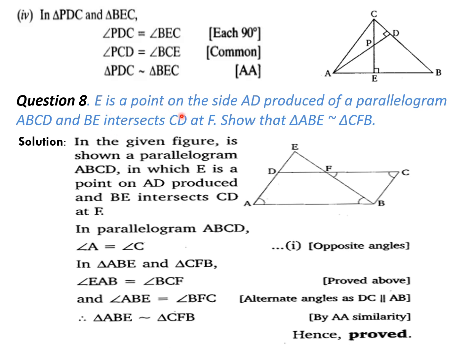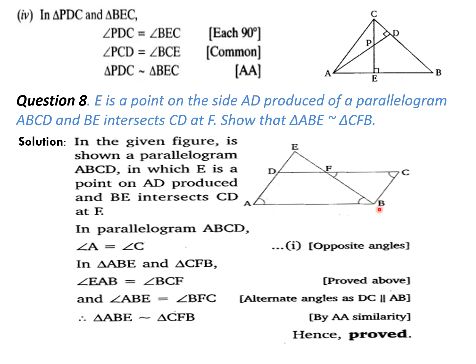So we will draw the diagram, and it is said that E is a point on the side AD produced on a parallelogram ABCD. So if you take the side AD and produce it, we will get the point E, so that BE will intersect the line CD at F. So E is on the produced line of AD and BE will intersect the line CD at F. Now, since ABCD is a parallelogram, we can clearly say that angle A is equal to angle C because they are opposite angles of a parallelogram.